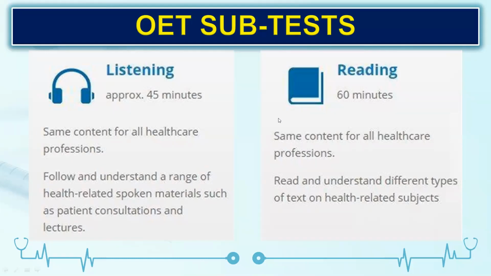The difference between the OET subtests here is that in the listening and reading subtests, the content is the same for all healthcare professions. If you are a doctor, a nurse, or a dentist, you will take the same content in the listening and the reading subtests.